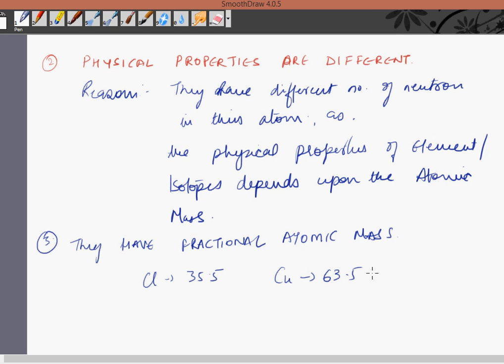Yes? So most of the elements have more than one isotope having different masses. Since the atomic mass of the element is the average relative mass of all the naturally occurring isotopes of that element, most elements have fractional atomic masses. I think this is making you more puzzled. So let me give you a good daily example to give you a proper view on it.